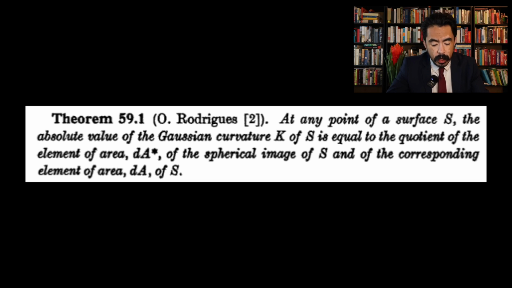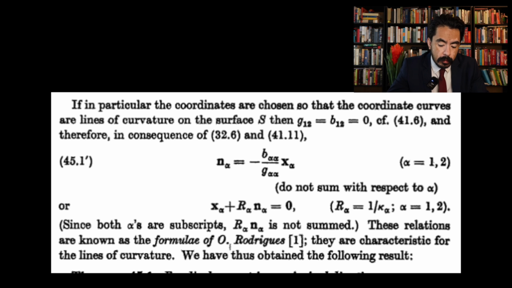In section 59, we had theorem 59.1 from this man, where at any point of a surface S, the absolute value of the Gaussian curvature K of S is equal to the quotient of the element of area dA* of the spherical image of S and the corresponding element of area dA of S. But we also heard from him earlier in section 45, when we were looking at the formulae of Weingarten and Gauss, and we got this representation for a normal vector on a surface in terms of coefficients of the first and second fundamental forms and whatever vector to the point on the surface we're looking at.